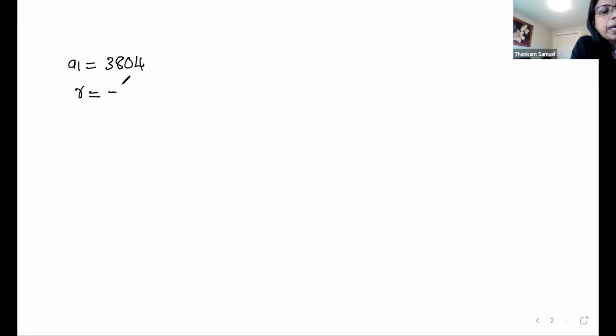Let's go to the next page. We are given the first term a sub 1 as 3,804 and the common ratio r is negative 1/4, and we have to find the sixth term. a sub 6 equals, so we can use the same formula for finding the nth term: a sub n equals a sub 1 r to the n minus 1.